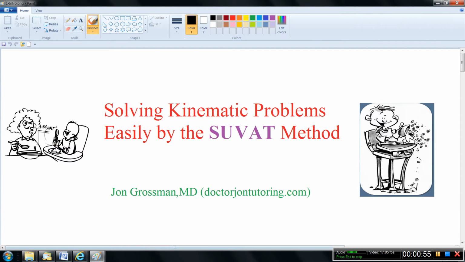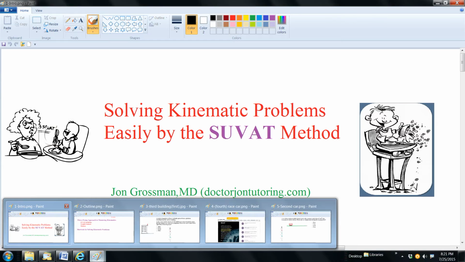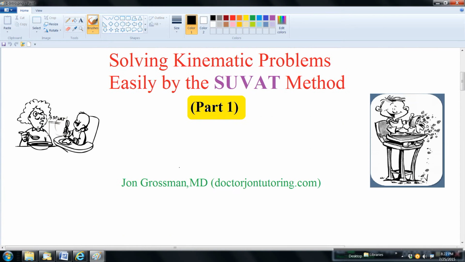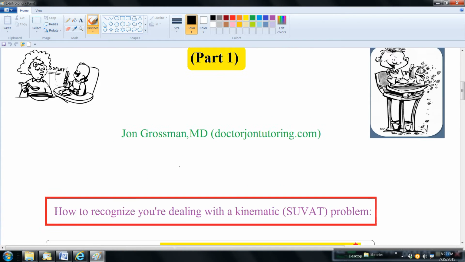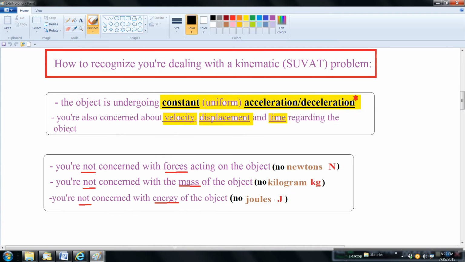Alright, so let's get back here, and I just want to remind you that when you're looking for kinematic problems, you're looking for problems that have either constant acceleration or constant deceleration, and they contain some of the SUVAT information: displacement, velocity, initial or final or both, and time.